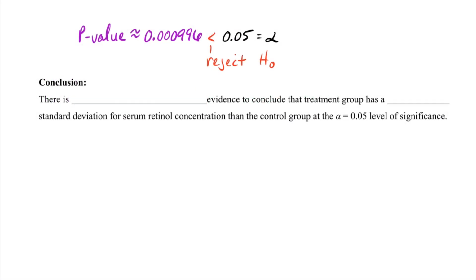One more time, since our p-value is less than alpha, that means there is sufficient evidence to conclude that the treatment group has a higher standard deviation for our concentration than the control group at our alpha being a 0.05 level of significance. Just drawing attention one more time, we brought in the alternative hypothesis with that word that is higher, and then just highlighting the fact that we're conducting a hypothesis test about the standard deviation.